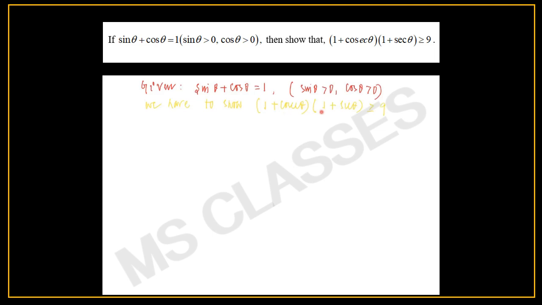Now, first of all, sin theta and cos theta are both positive numbers, and their sum is given. This gives a hint, and from this given expression our thinking can move in this direction, that we have to apply AM-GM, because the form of the conditions of AM-GM has been given directly.